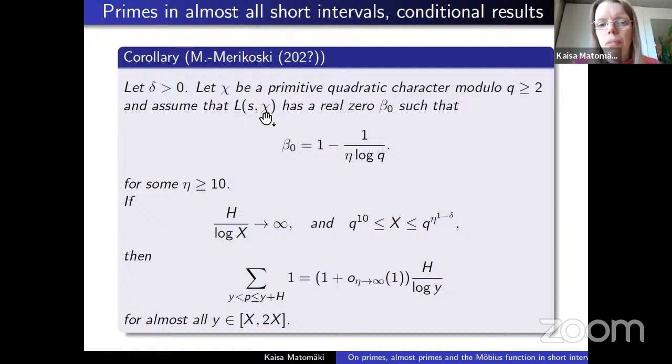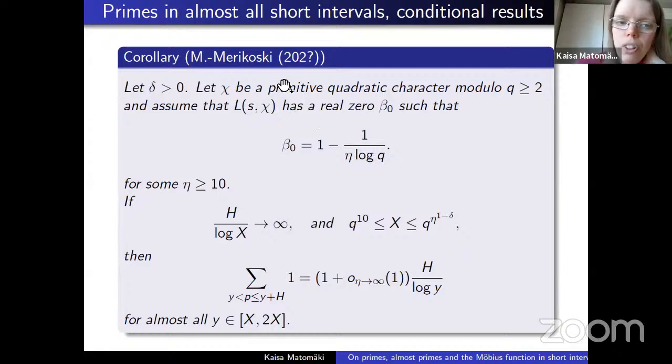In particular, we expect that the Riemann hypothesis is true also for this L-function, that they don't have zeros with real part of s greater than half, but nobody can prove this again. And also we can't rule out that they have a so-called exceptional zero, a zero very close to the s equal to 1 spot.